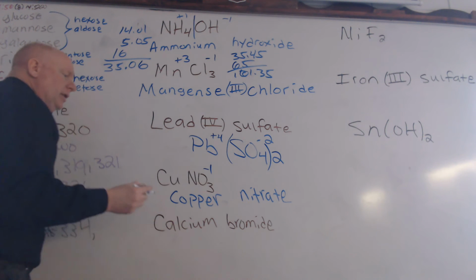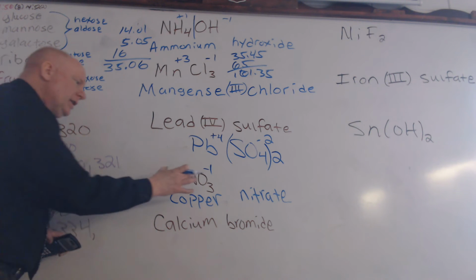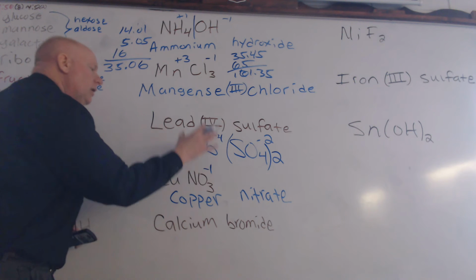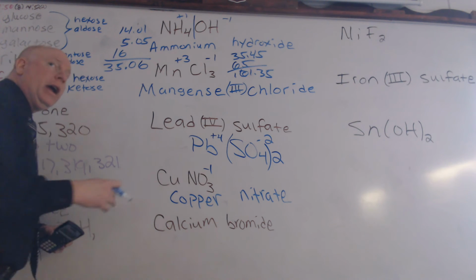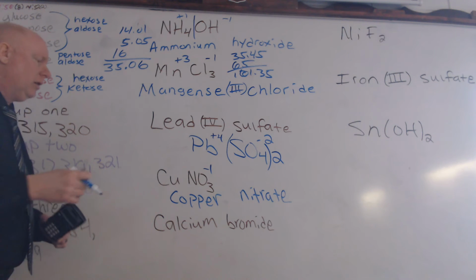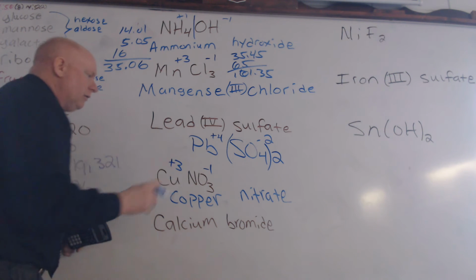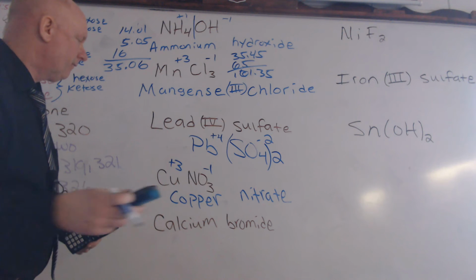What does copper have for charges? If we've got 1 nitrate ion, we need this copper to add up to what? To add up to 0. 3. Well, if we put 3 here, No, it's just 1. That's part of the formula, Taylor.